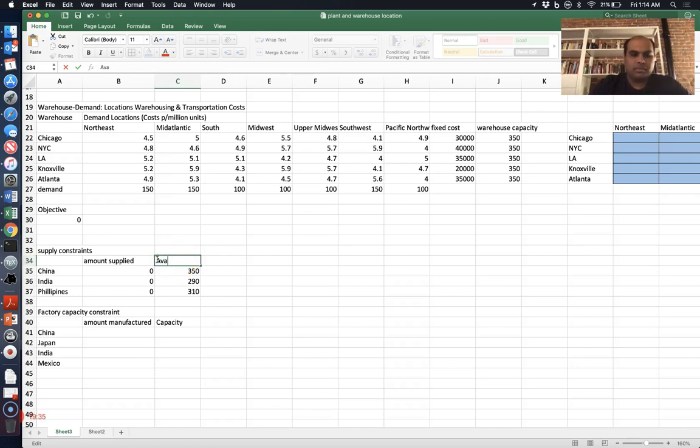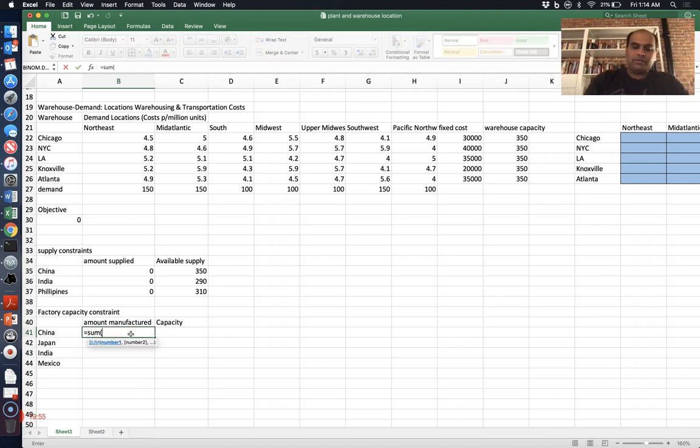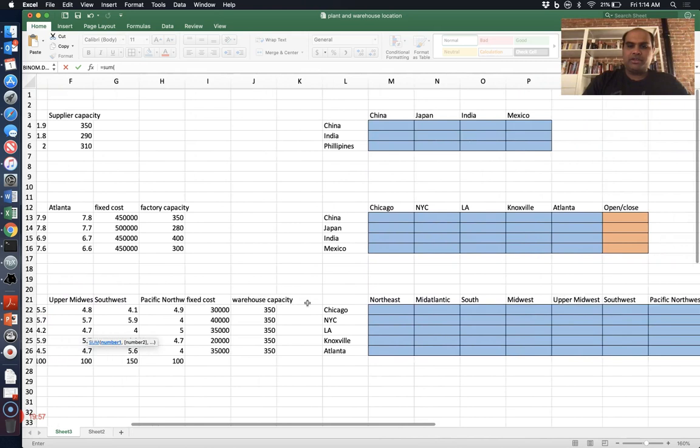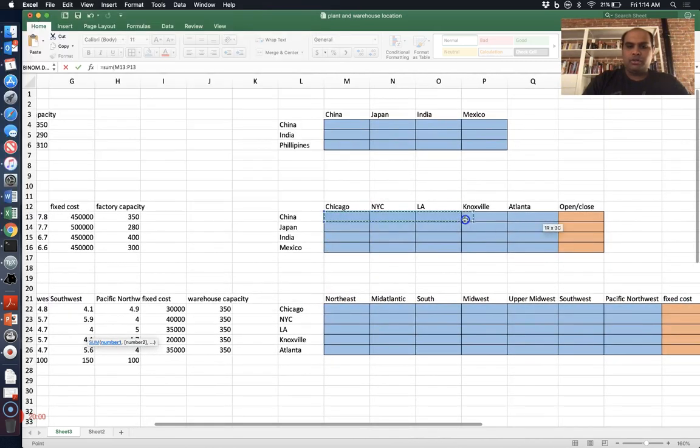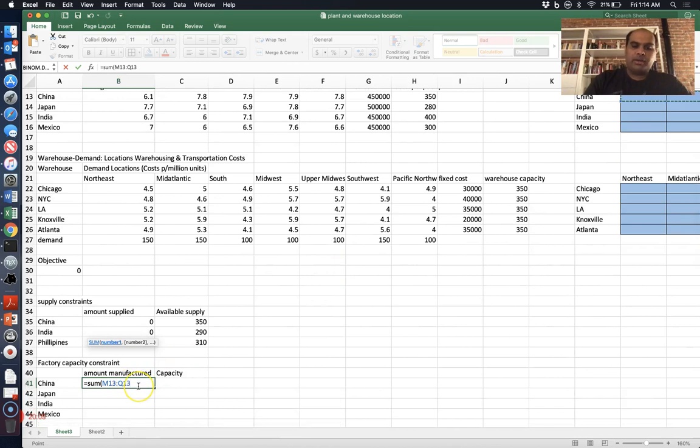Let's call this available supply. Okay, so what is the amount that's manufactured in the China plant? Everything that's manufactured in the China plant gets shipped to one of the warehouses. So everything that is made in the China plant is shipped out to the 5 potential warehouse locations in Chicago, New York, LA, Knoxville, and Atlanta. So this is everything supplied out of the China plant. We have that.